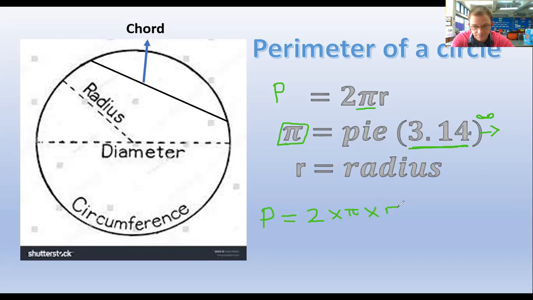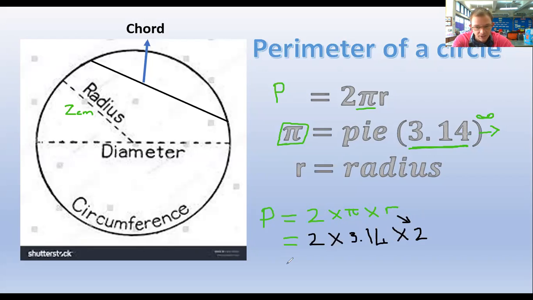Times your radius. So if you have a circle with a radius of, let's say, 2 centimeters, we will have to calculate it as follows. Let me use a darker color. We're going to say 2 times our 3.14 times 2 again for our radius.